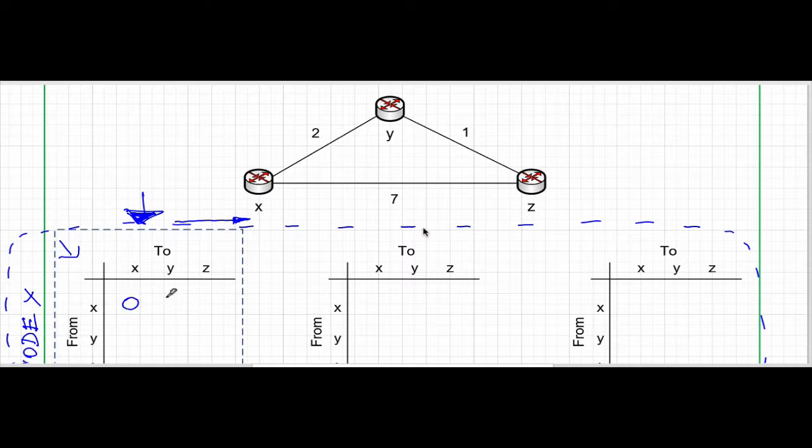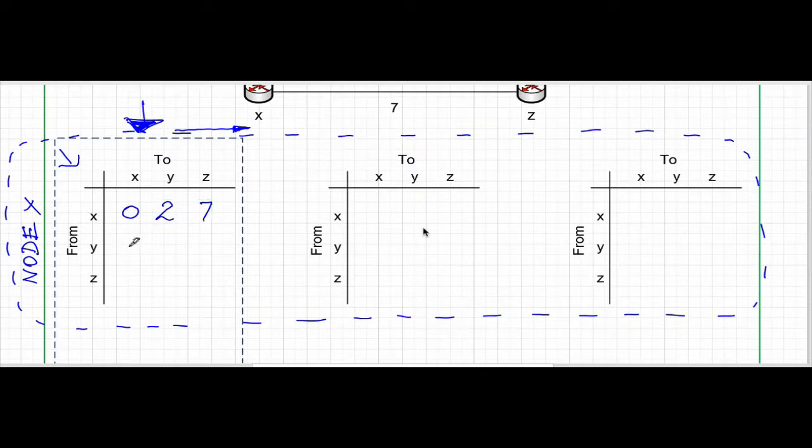Going to Y, you know it has a cost of 2. And going to Z, you know it has a cost of 7. And if you're node X, you have no idea about the distances from Y to any other node or from Z to any other node. Why? Because you just started. You have not received any updates yet.